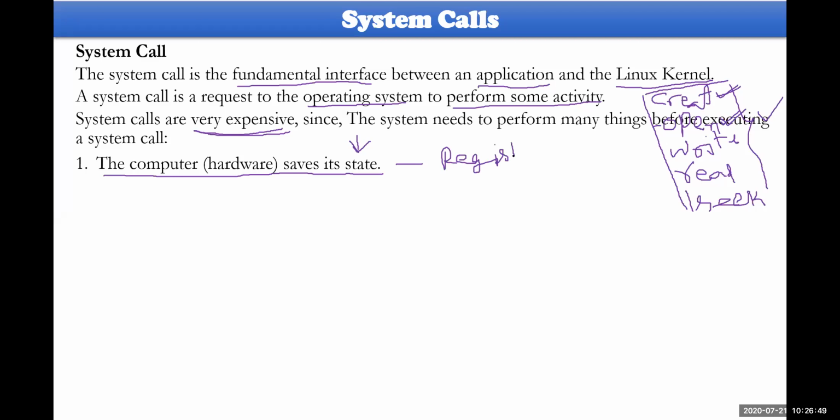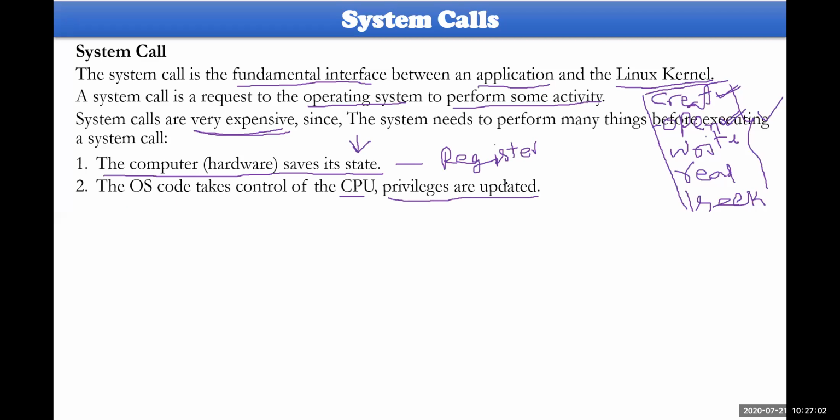So register usage will be required. Then the operating system code takes control of the CPU, and some privileges get updated, meaning the total control is taken by the operating system. Then the operating system examines whether the call parameters are proper, and whether everything is properly available.